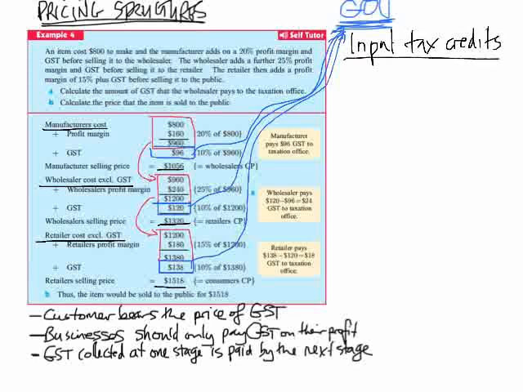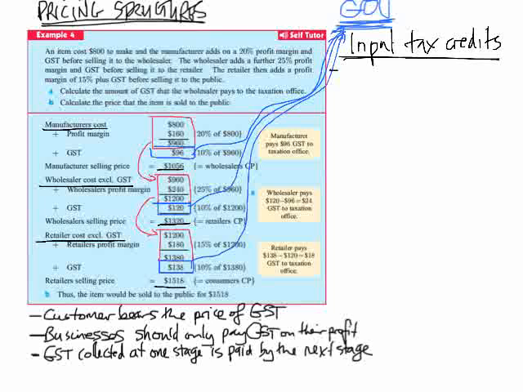These are claims that each step in the chain can deduct from the amount of GST that they're collecting to bring to the government, based on how much GST was paid by the previous step in the chain.